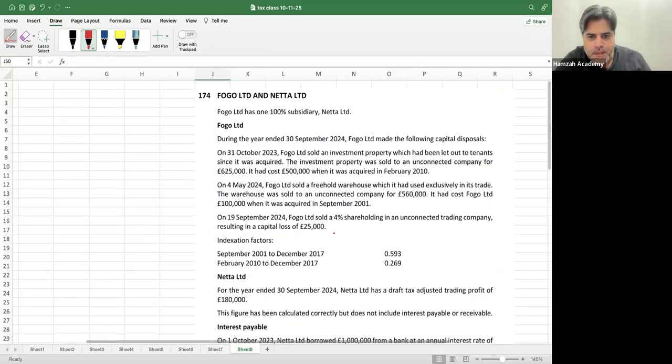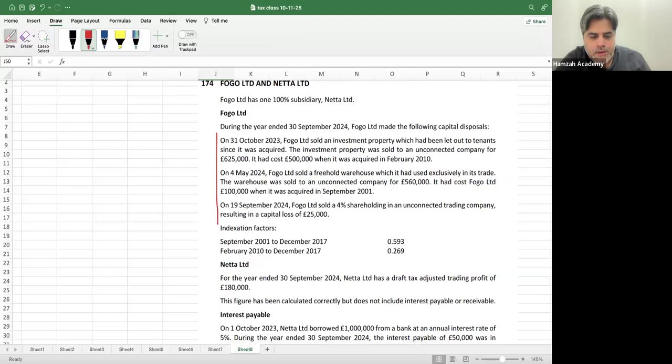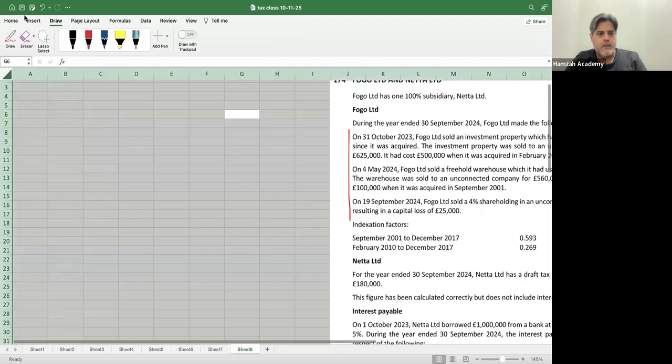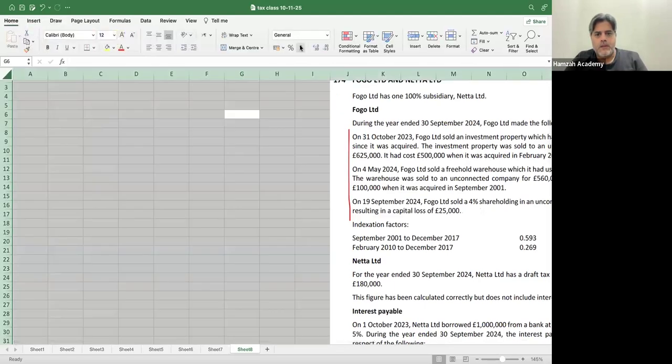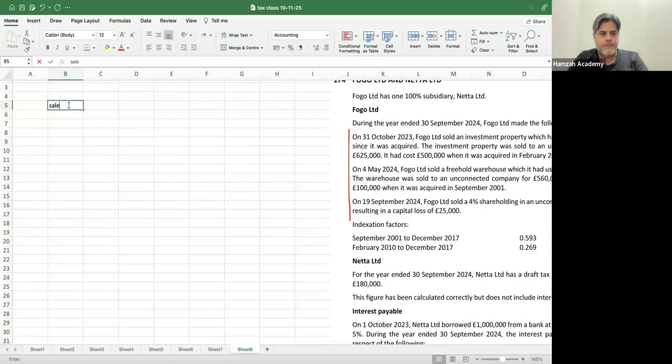Investment property, this one. I have sale proceeds, sorry, this is 625,000, right?